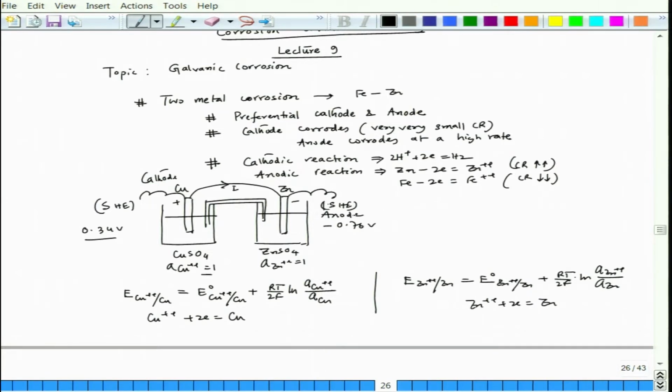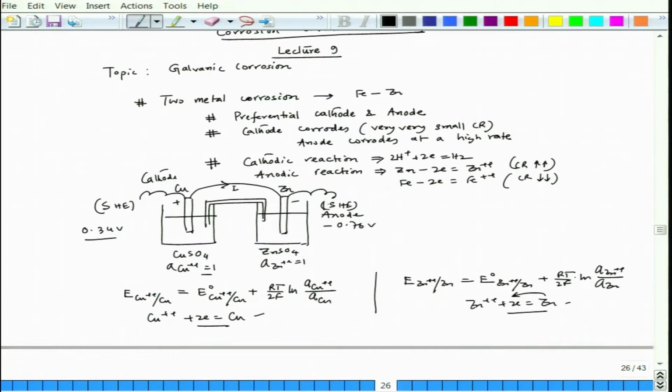Now, if you see the cathodic and anodic reactions, the same ion is depositing and the same metal is forming the ion. In case of the zinc surface, it is zinc which is going to the anodic situation when it is connected. So, preferentially the anodic reaction would happen here and preferentially the cathodic reaction would happen here.